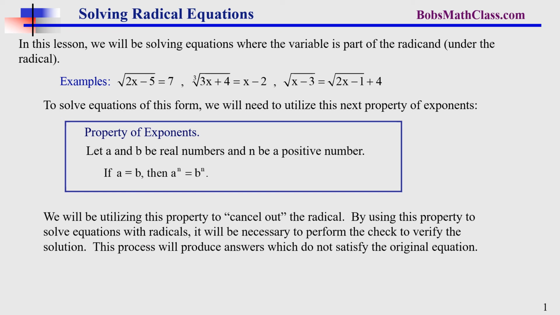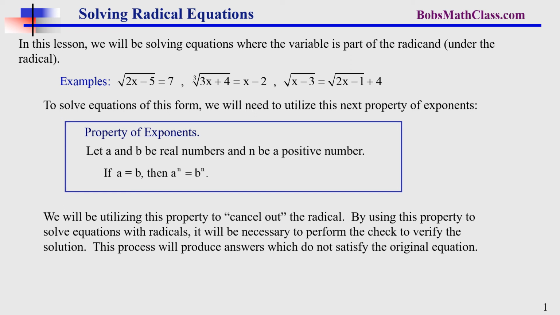By using this property to solve equations with radicals, it will be necessary to perform a check to verify the solution. I know doing a check is kind of a pain. I don't like to do it all the time either. Maybe once in a while just to make sure I have the right answer, especially on a test, because we make mistakes. But here's the issue. This process will produce answers which do not satisfy the original equation.